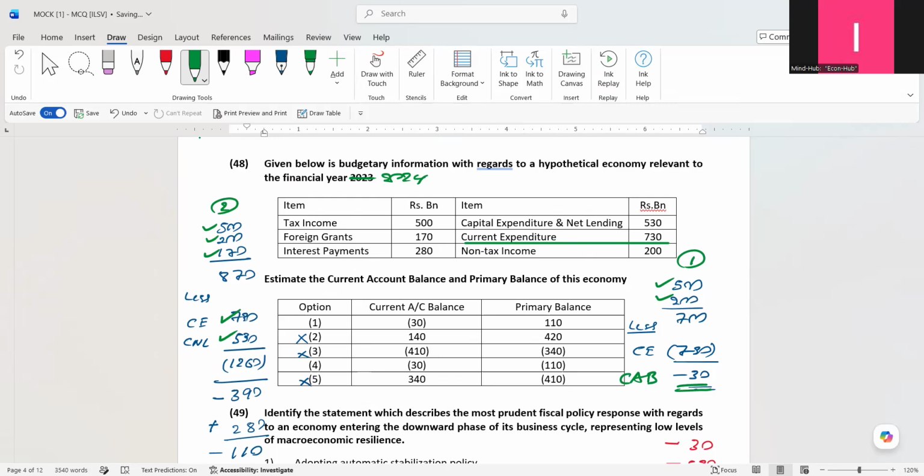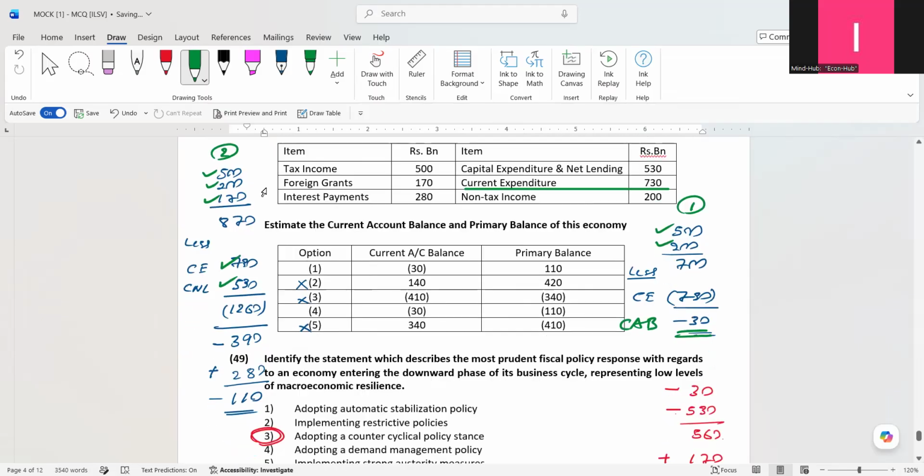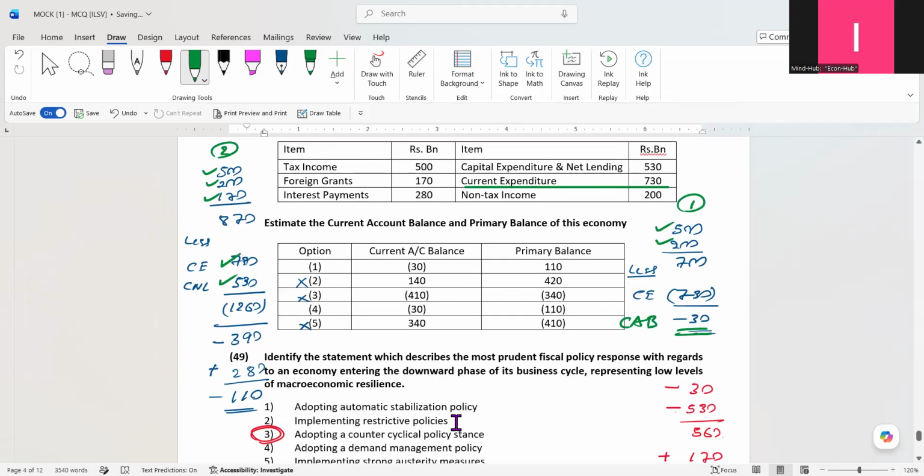This is not the answer because this includes deducting interest payments. So add back the interest payments, because primary balance should be without interest payments. This is the key part. Inside this 730, we have already deducted the interest, no?